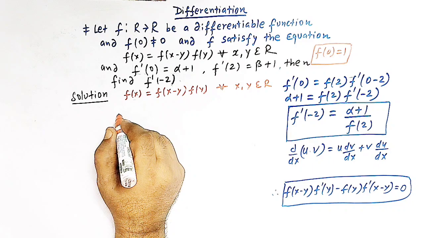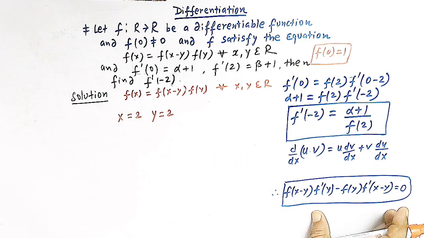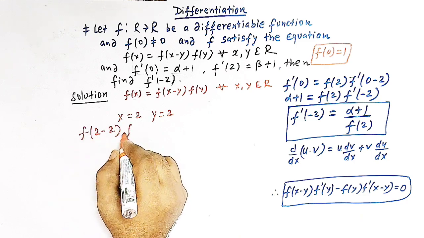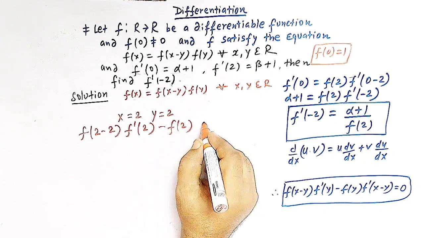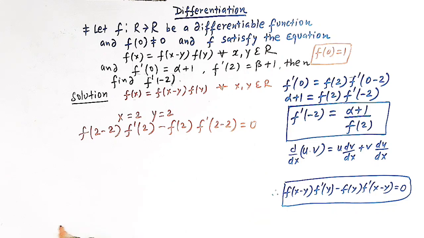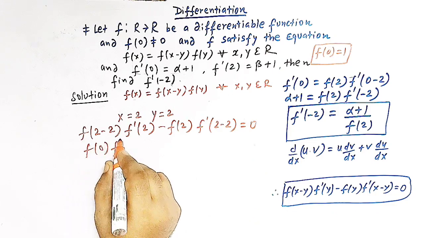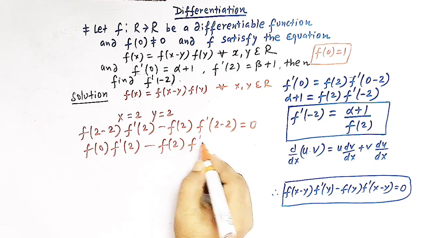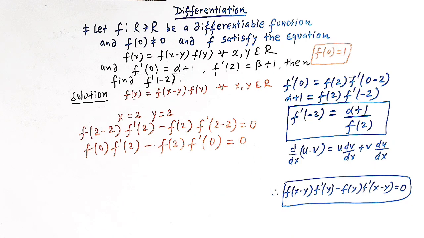So now let us take x equal to 2 and y equal to 2 in this equation. So we have f(2 − 2) f′(2) − f(2) f′(2 − 2) equal to 0. So this is f(0), 2 − 2 is 0. Here f′(2), then f(2), and this is f′(0), and this is equal to 0, right?